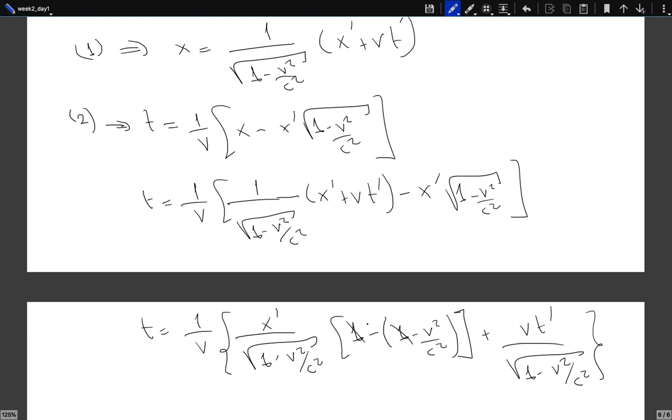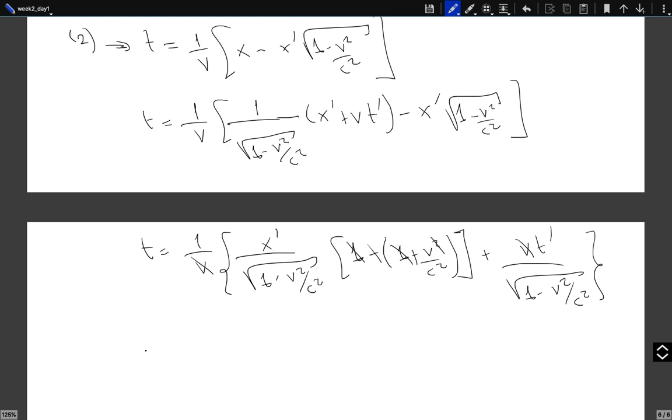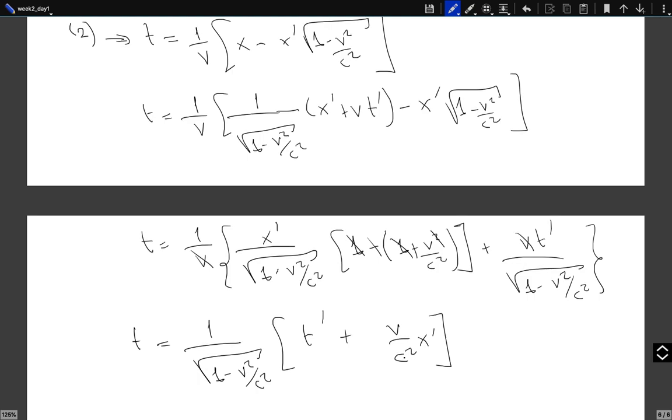Now this 1 cancels this 1. Minus makes a plus. I have 1 over v over here, and it cancels one of the v's here and also the v over here. So t is just 1 over the square root of 1 minus v squared over c squared times t prime plus v over c squared x prime.